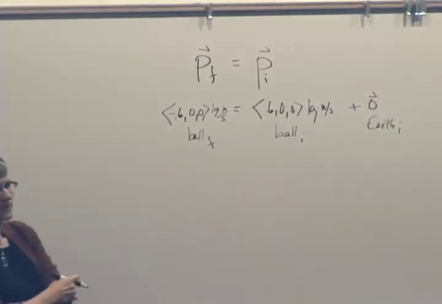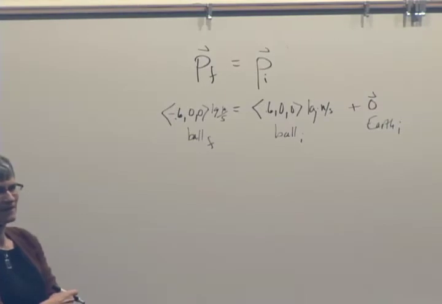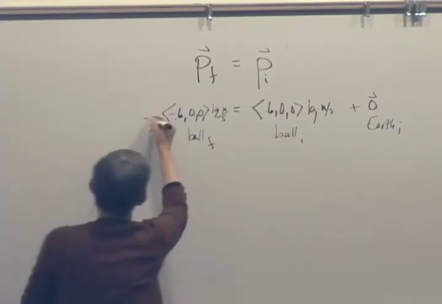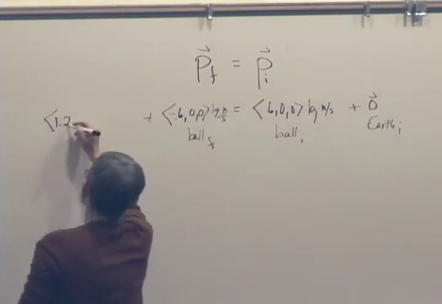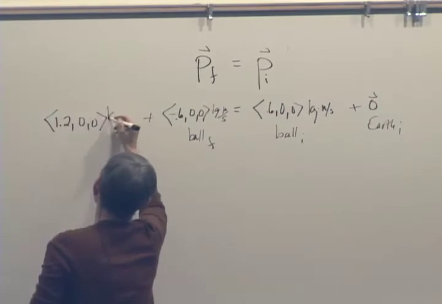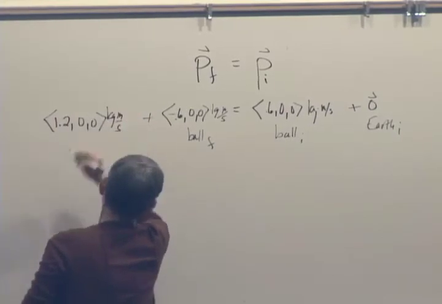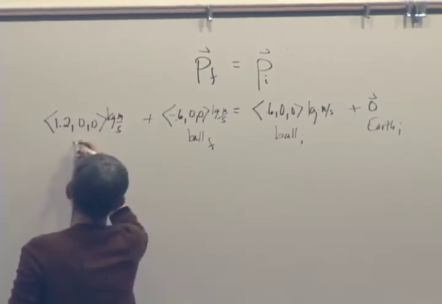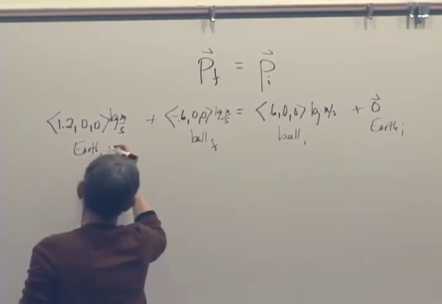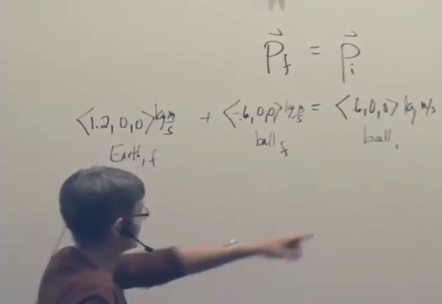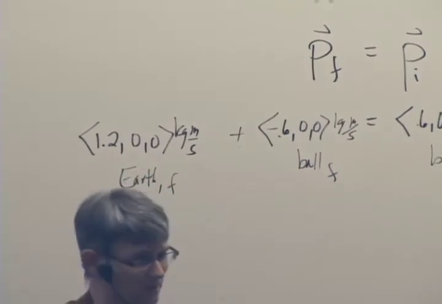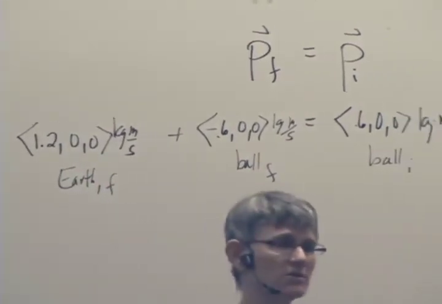What must the final momentum of the Earth have been? Yep. So we have to have a plus 1.200 kilogram meters per second. So it changed from 0 to plus 1.2, so answer 3 is correct.